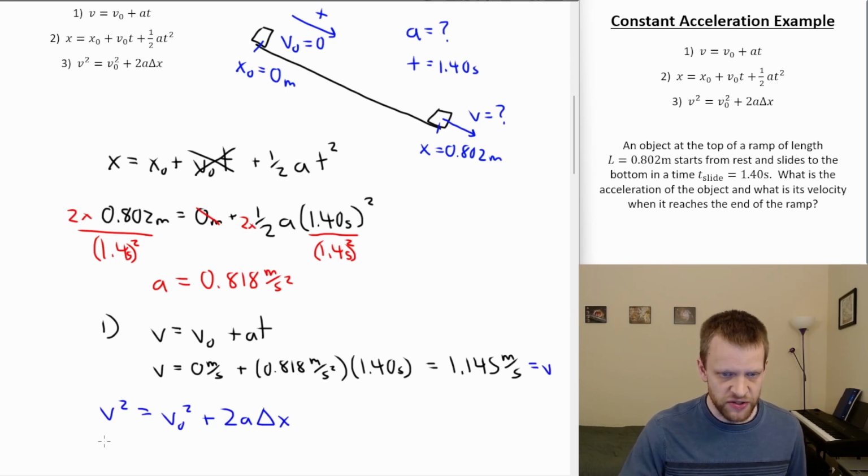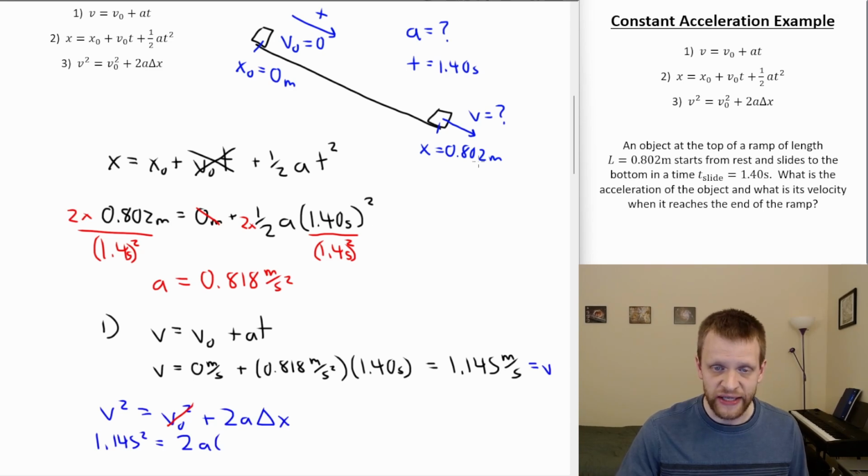So we could sub into here 1.145 squared equals our initial velocity squared. Well, we don't have any initial velocity, so we can just get rid of that term. And we have 2 times the acceleration times that change in position. So final position minus initial position, that's going to be 0.802 meters.